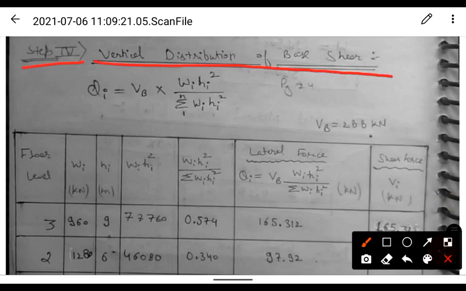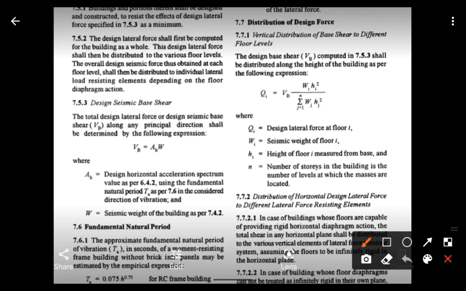Why are we calling it vertical distribution? Because the total load that we have calculated, the base shear, is distributed differently among all the floors. For the calculation of this, we have a formula, that is Vb into Wi hi square whole divided by the summation. Here Vb is the base shear, the design base shear.